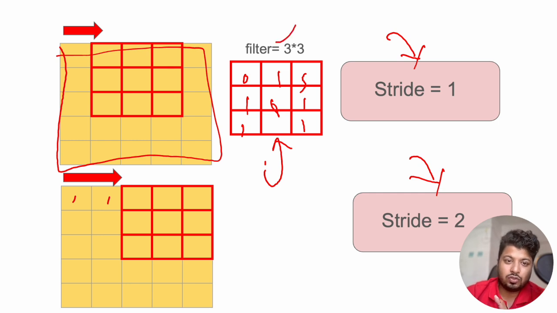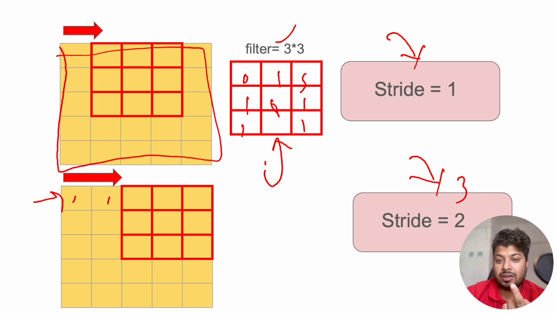This filter has to move around this matrix through the sliding window approach. If I specify the stride as 1, it will move 1 pixel, if 2, it will move 2 pixels at a time, and if I specify the stride as 3, it will move 3 pixels at a time. But hold on, the moment I specify stride 3, it won't go. There is no space here to cover it.